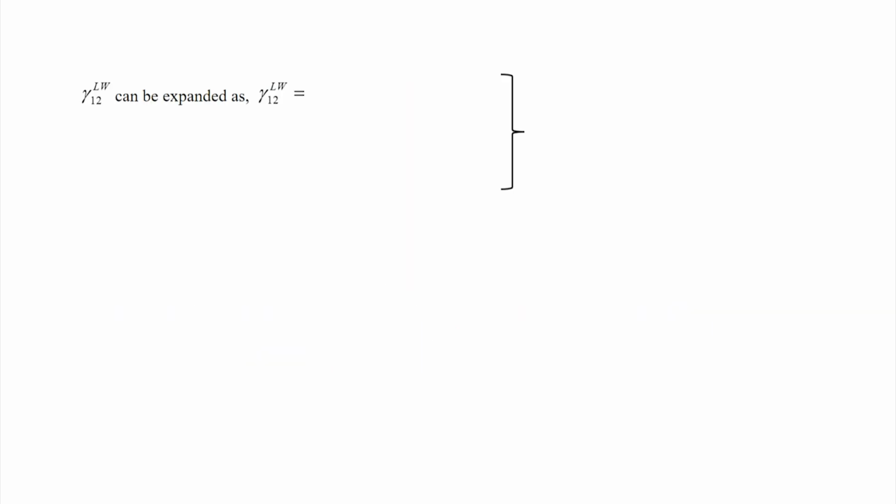So, now what can I do with this? Gamma 1 2 LW can be expanded as gamma 1 LW plus gamma 2 LW minus 2 square root of gamma 1 LW into gamma 2 LW. Like that, I have gamma 1 3, gamma 2 3, gamma 1 2.